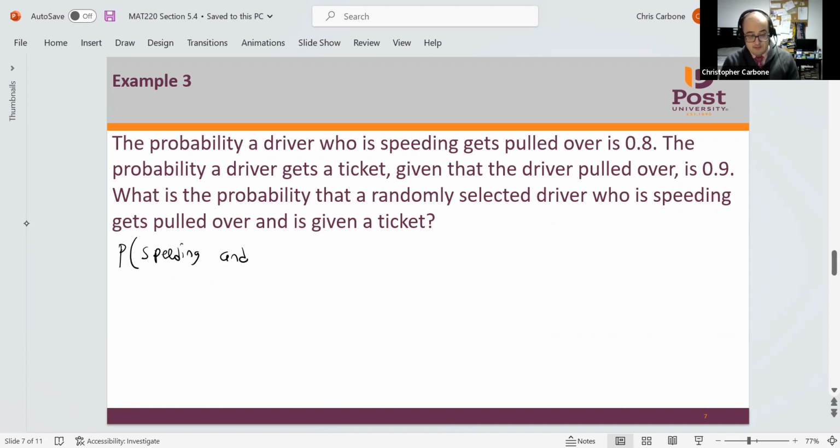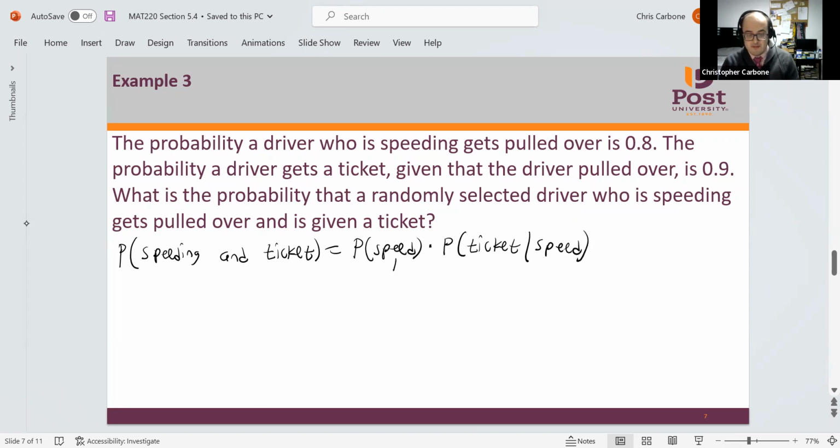Per the last slide, this is the probability of speeding times the probability of being given a ticket given that this person has sped.